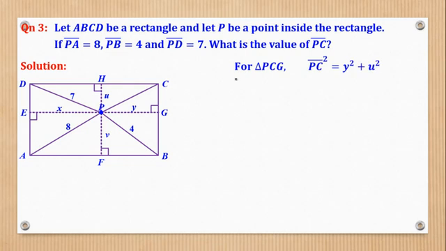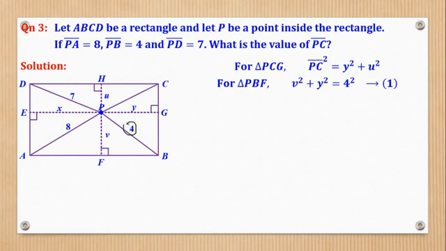And by the Pythagoras theorem, PC squared is equal to y squared plus u squared. So in short, you have to get the value of y and the value of u and then substitute them here. But how can we do that? We shall need to use other triangles whose hypotenuse is known.